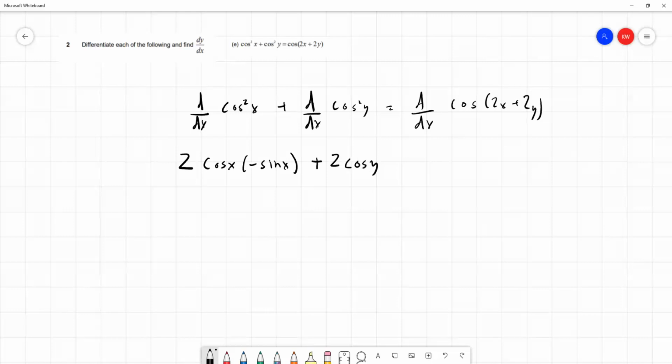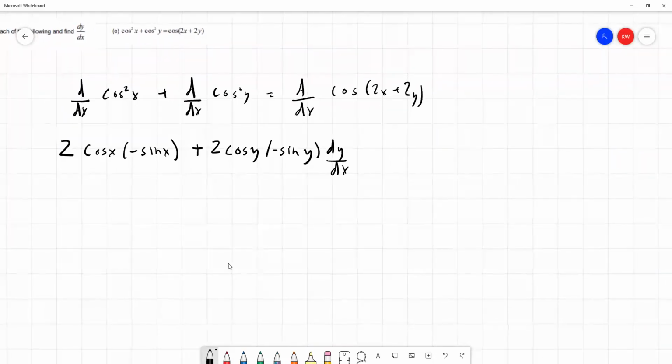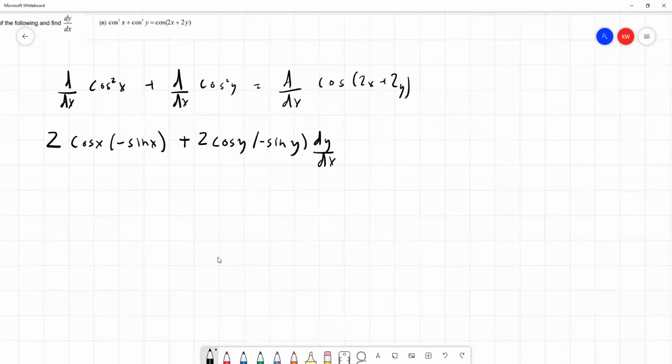It'd be 2 cos y multiplied by minus sin y. But because this is a term entirely in y, we're also including a dy by dx here, because we haven't differentiated with respect to x, we have differentiated with respect to y, and we have to include this dy by dx term to account for that.